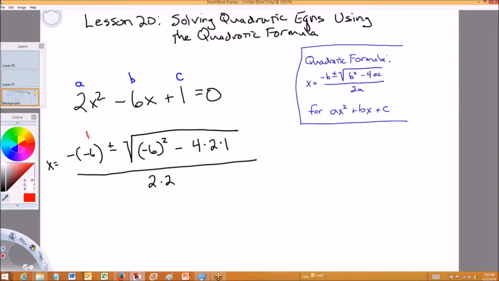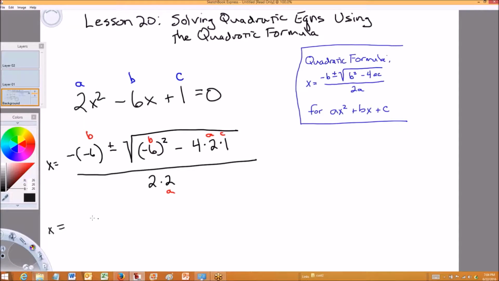Okay, so here's our b, A, C, and A. We just have to solve this equation.